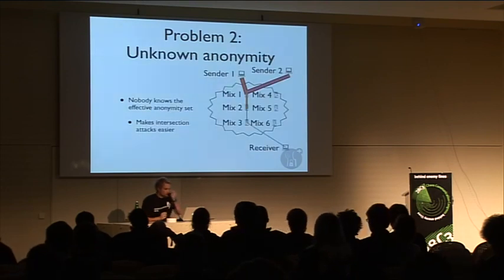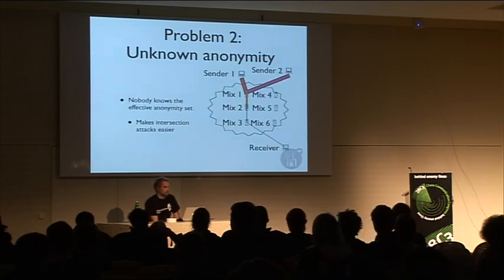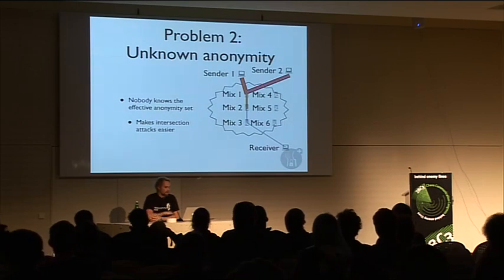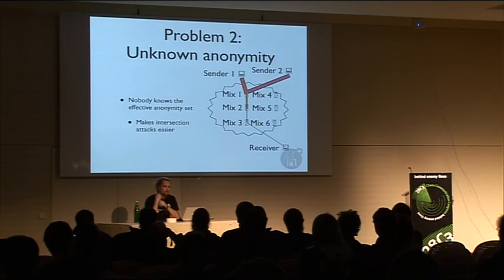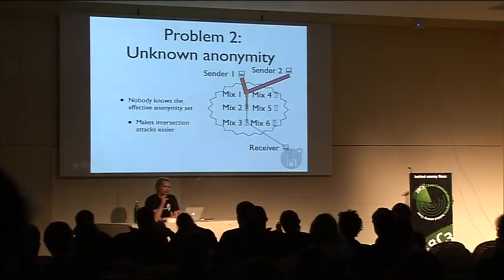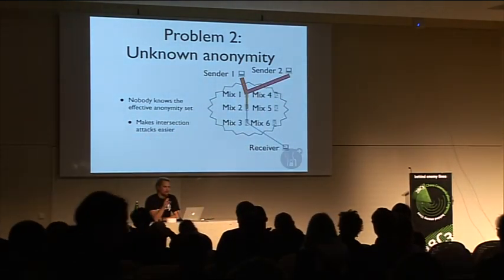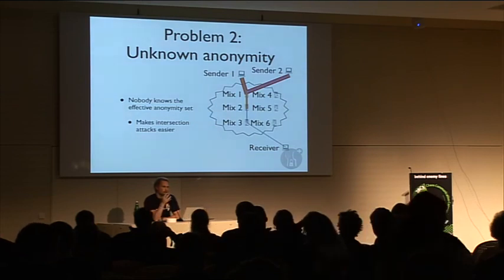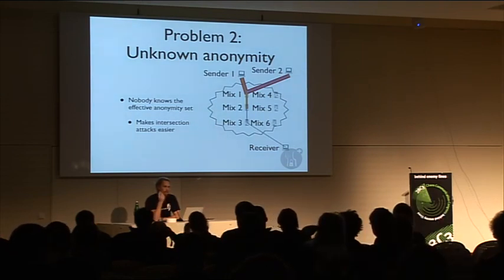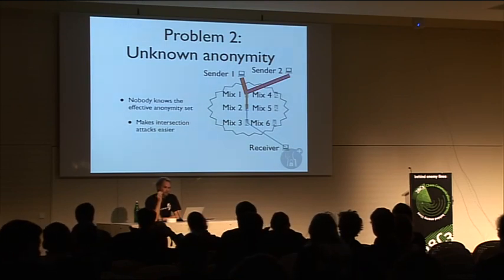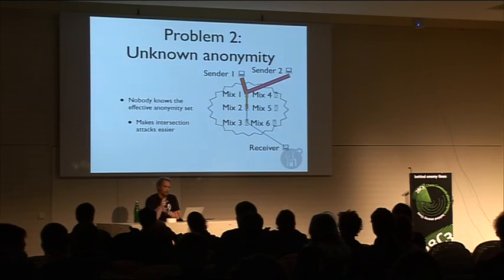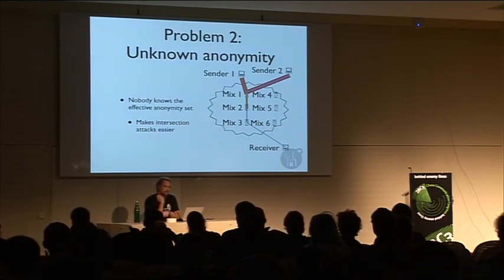The second problem that I would like to mention is the unknown anonymity set. If you speak about anonymity, it's about hiding identities, so it can seem a bit strange to think that knowing the other participants would be a good idea.